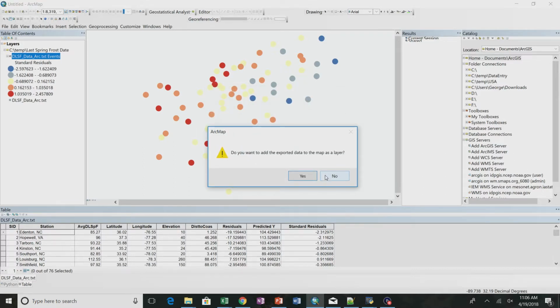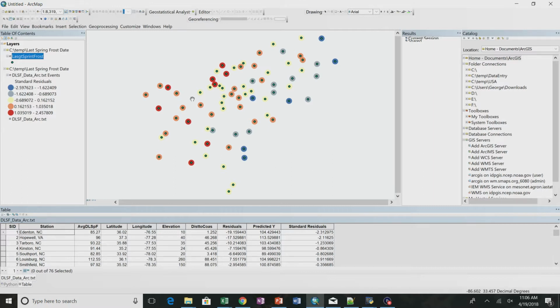So let's say we hadn't already run the data in Excel. There's a toolbox, there it is, for doing this.